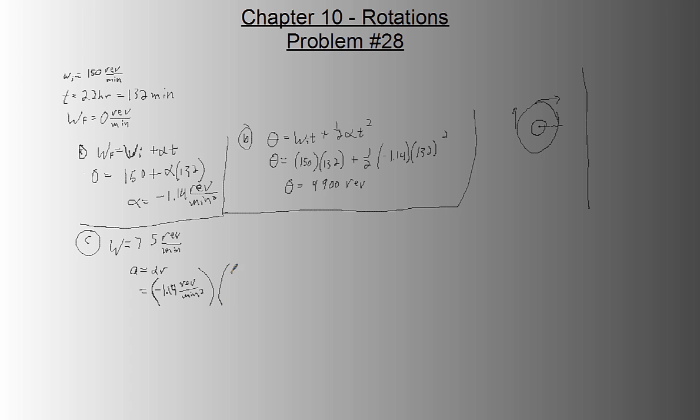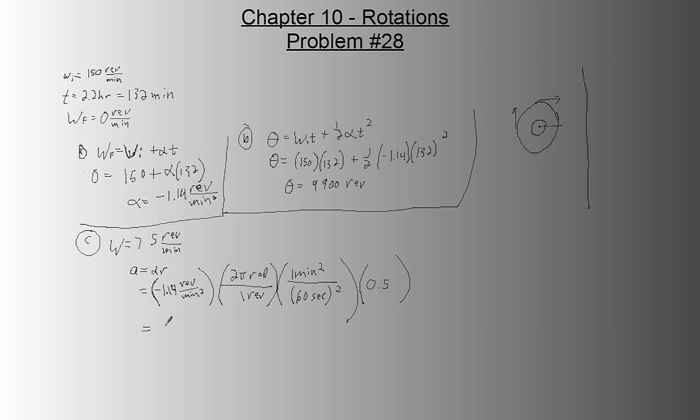So we know that there's 2 pi radians in 1 revolution. And we know that in 1 square minute there are 60 square seconds. And so that takes care of alpha, that converts it. And the radius right here is half a meter, 50 centimeters.